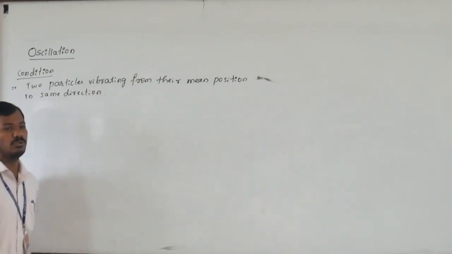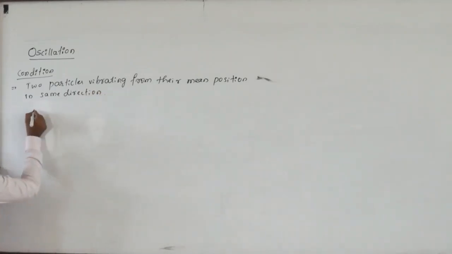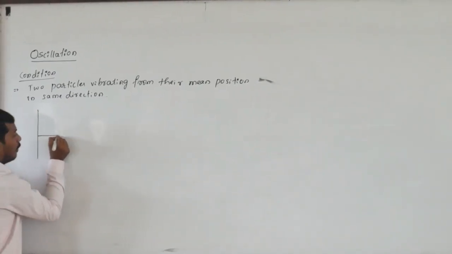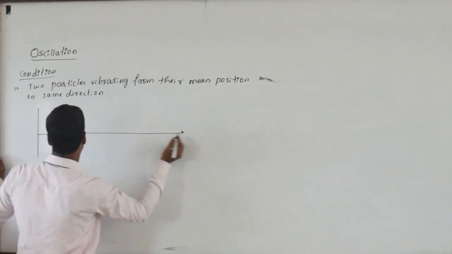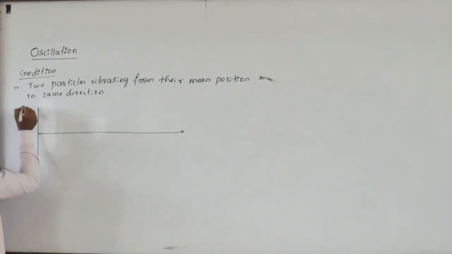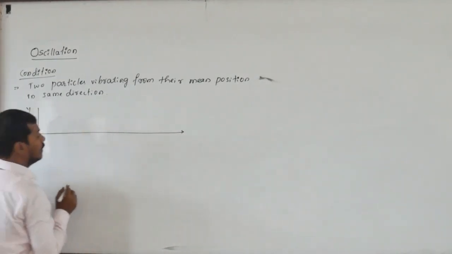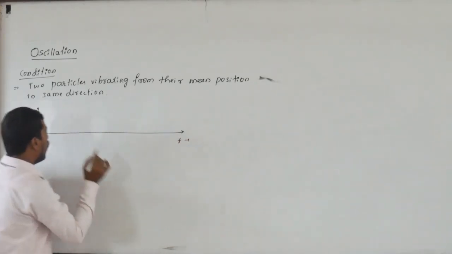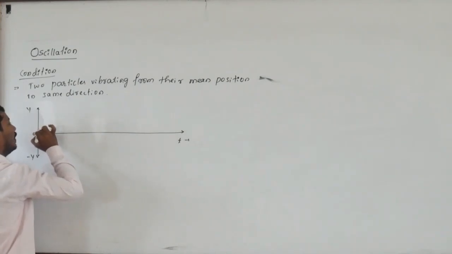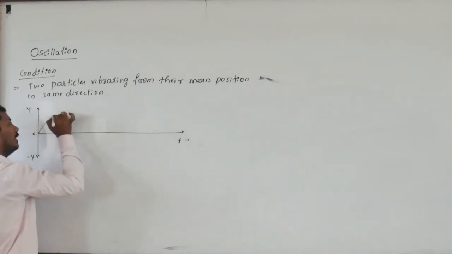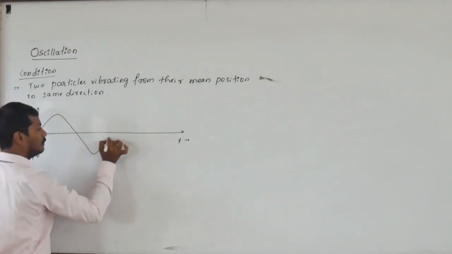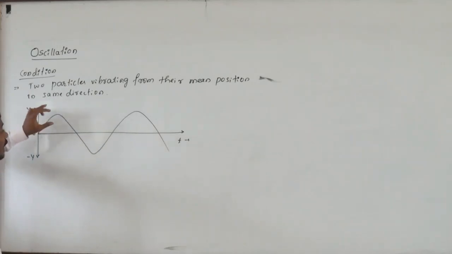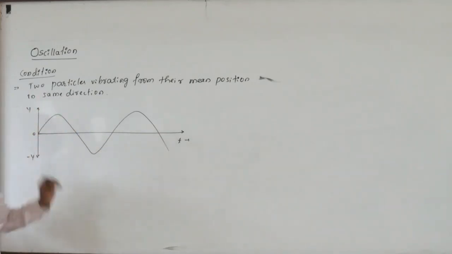What is the phase difference between those two? It means one particle is followed by the other. Here is the origin, the y-axis, and the time axis. One particle starts from its mean position like this, and we have to calculate the phase difference between those two.